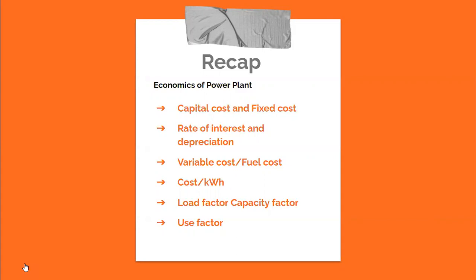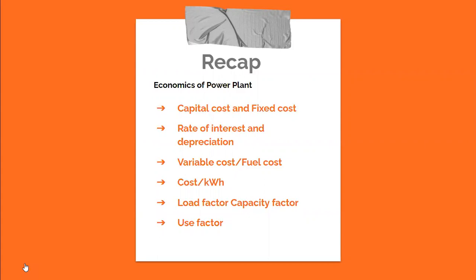So the initial investment made in the power plant and the rate of interest prevailing in the economy, we can call it the borrowing rate, would influence what is known as the fixed cost component of the cost per unit of electricity generated. So that was discussed earlier.